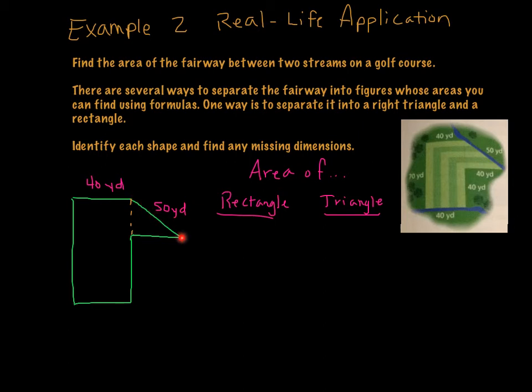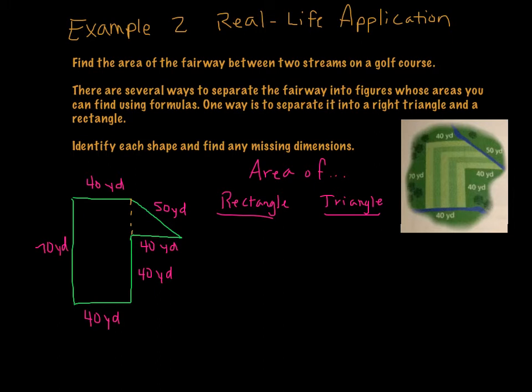So this line right there is 50 yards. This one down here is 40 yards. Then they're telling us that this line here is also 40 yards. And then they also tell us that the line way down here is 40 yards. And then this long one is 70 yards.